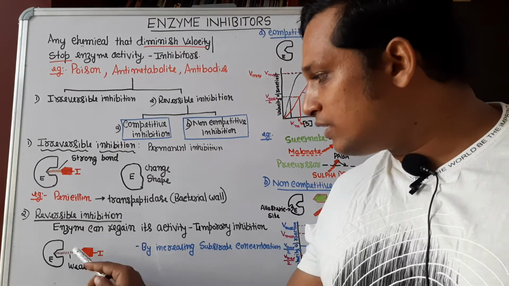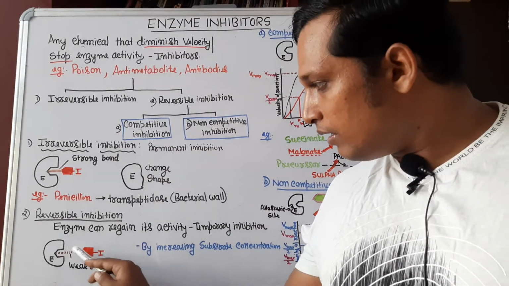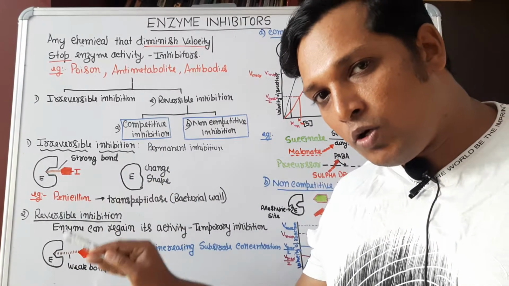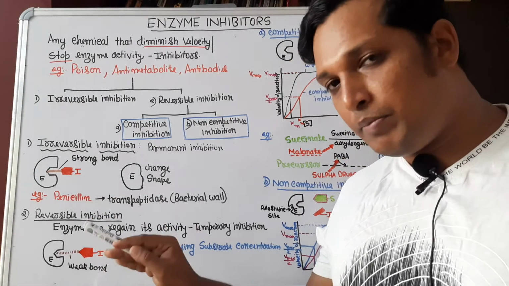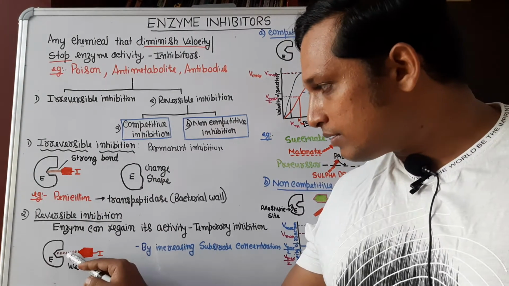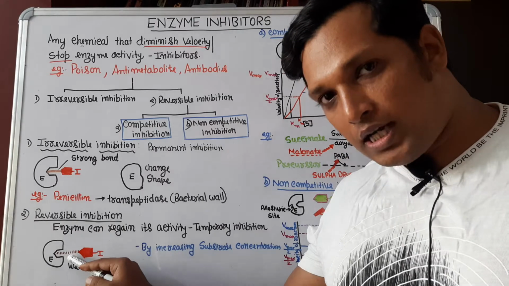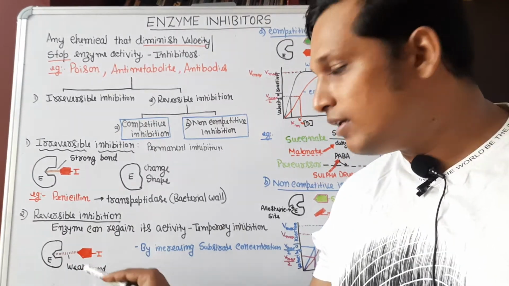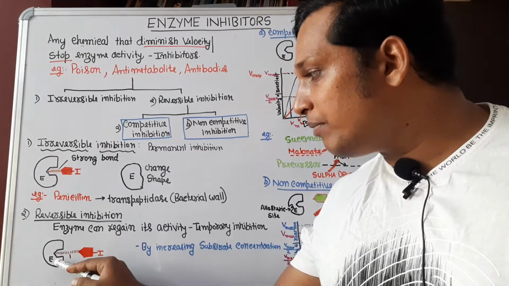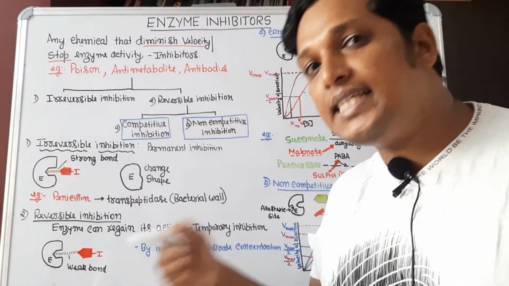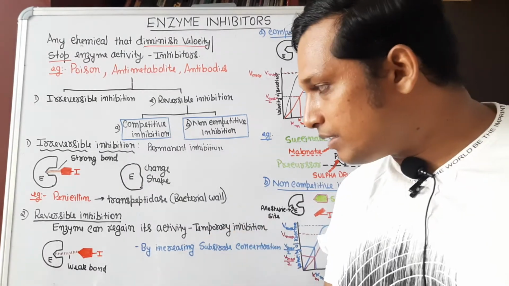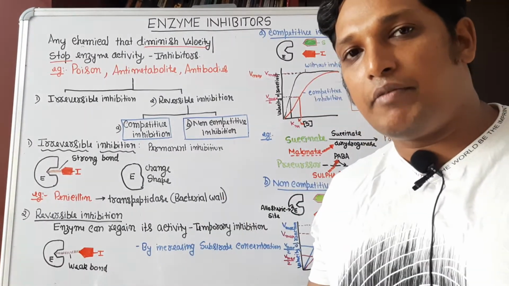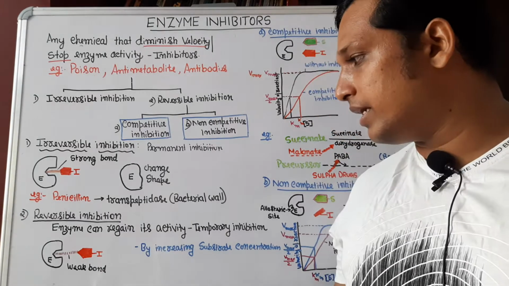Since it forms a weak bond, when the inhibitor is attached, enzyme activity will be lower or stopped, but this weak bond can be broken by some means. Hence you can detach the inhibitor. Once the inhibitor is detached, the enzyme regains its activity again. Hence it is reversible. It is not permanently inhibited.